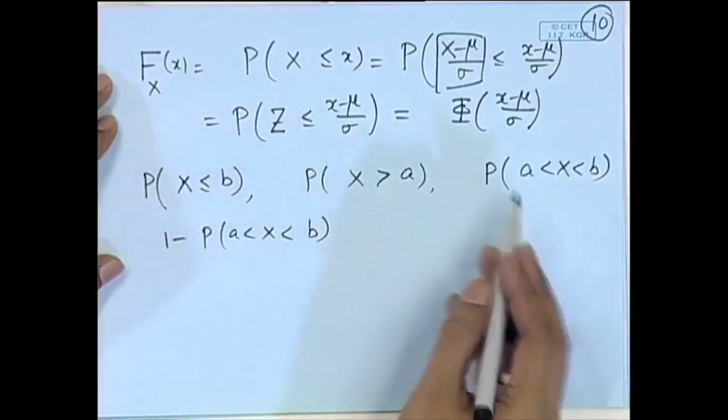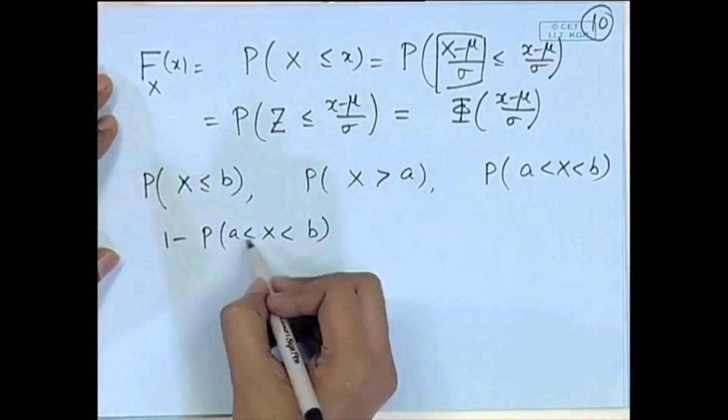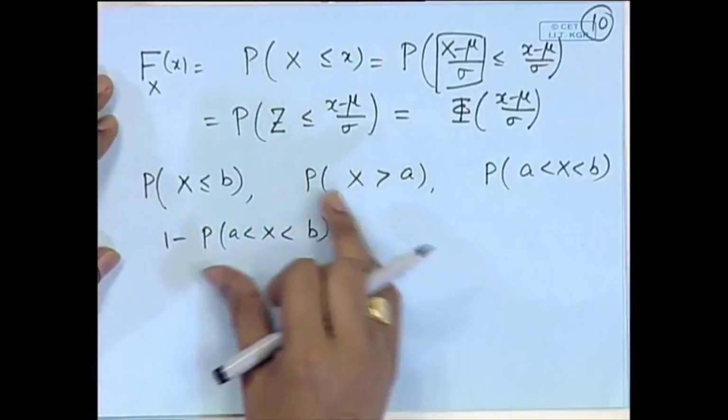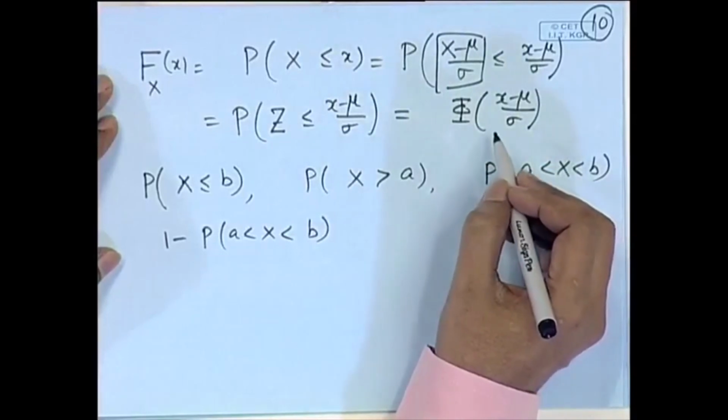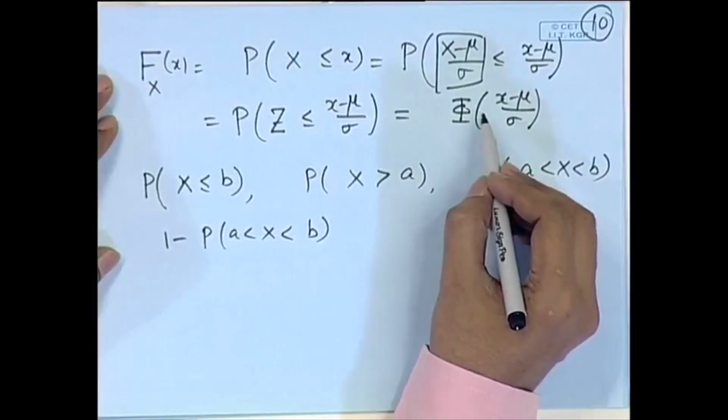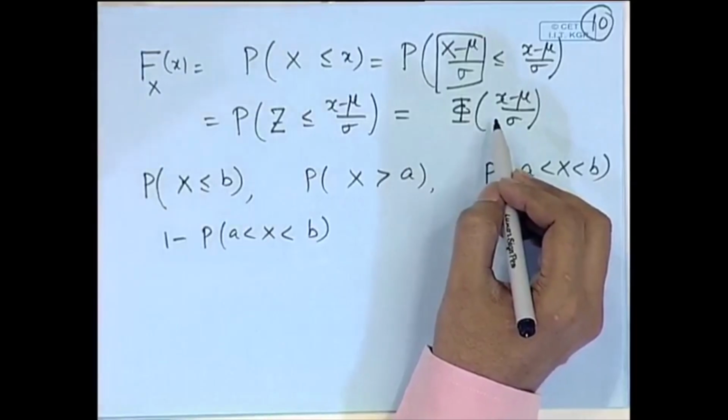So, these are some of the usual probabilities that are required in normal calculations. So, all of this can be evaluated using the properties of the standard normal cumulative distribution function. So, we stop here.